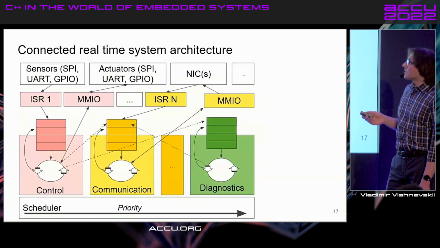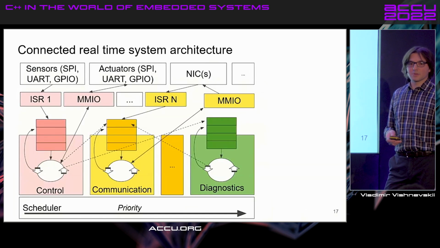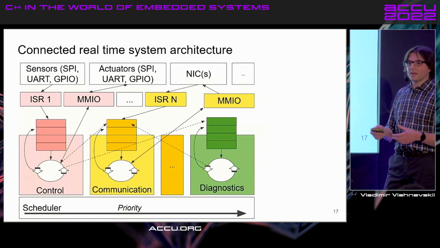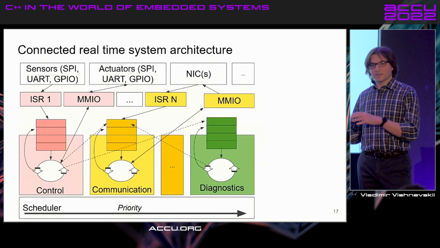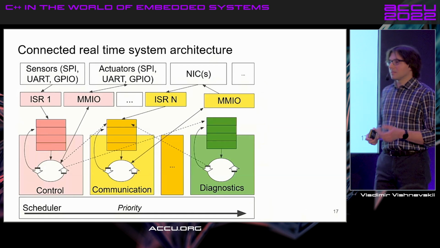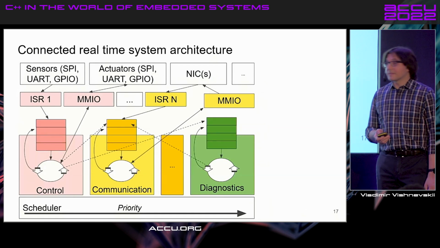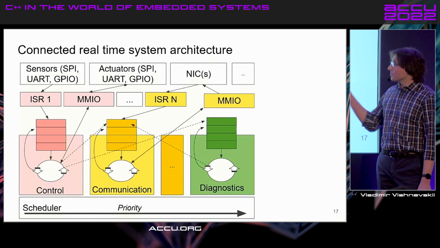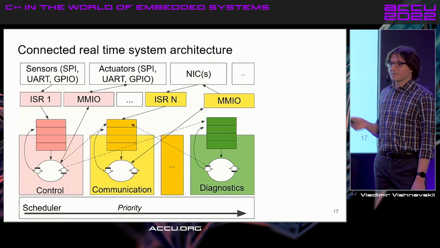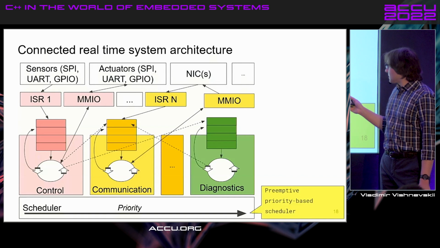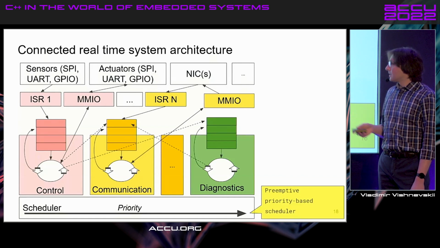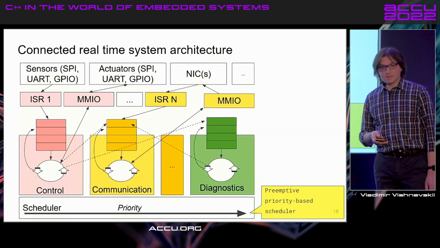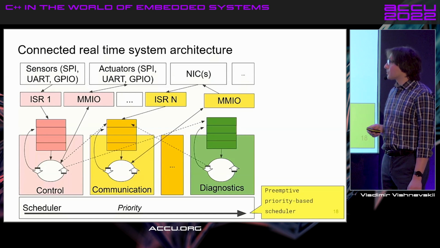If we consider a more complex system architecture that already has some functionality for interaction with other components, some connectivity, some diagnostics, then our simple architecture will scale to something like this. We will need a scheduler, of course priority-based and preemptive.